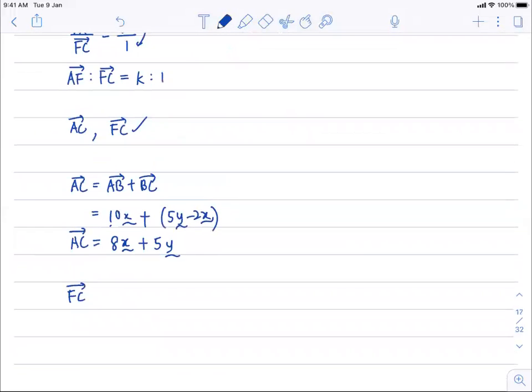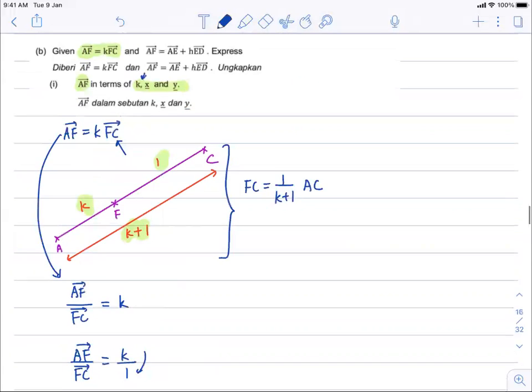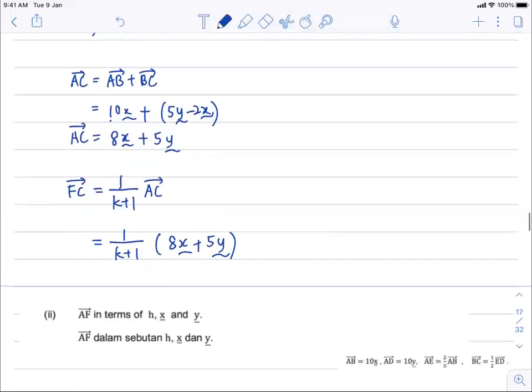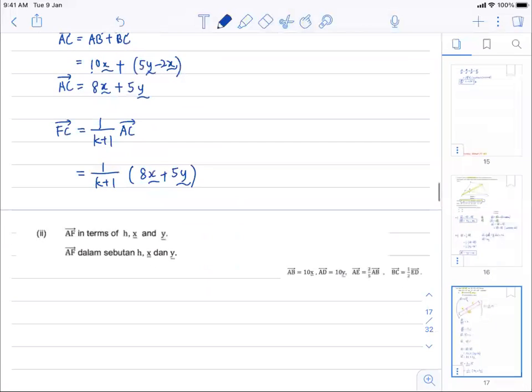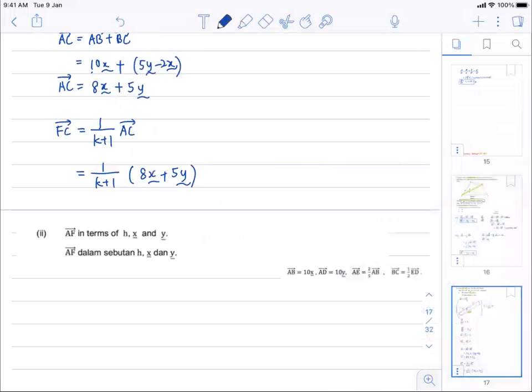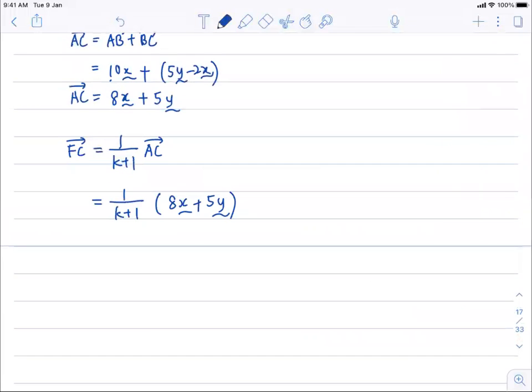We can write down FC is 1 over k plus 1, AC. And then we substitute in the AC value. AC is 8x plus 5y. Okay, so we have FC now.